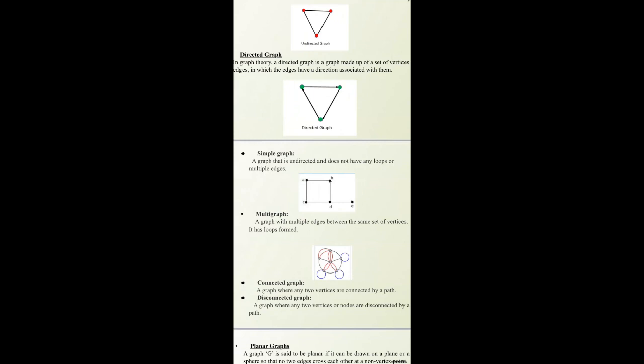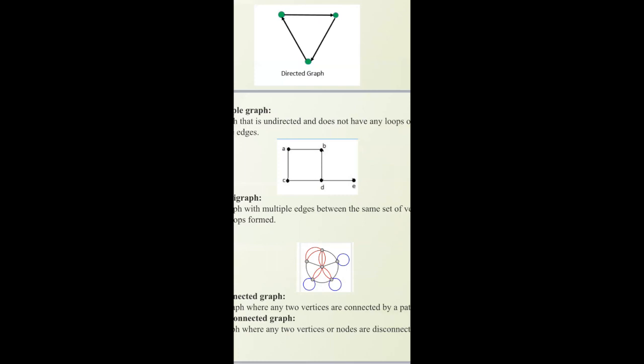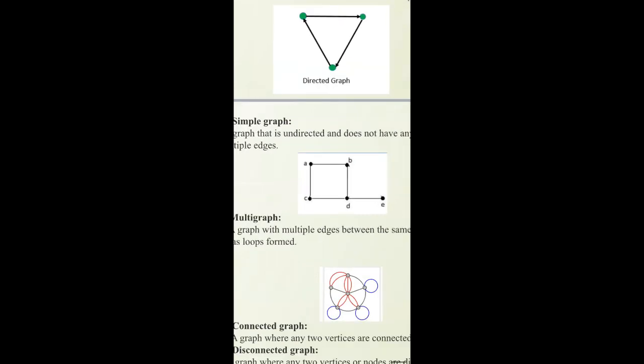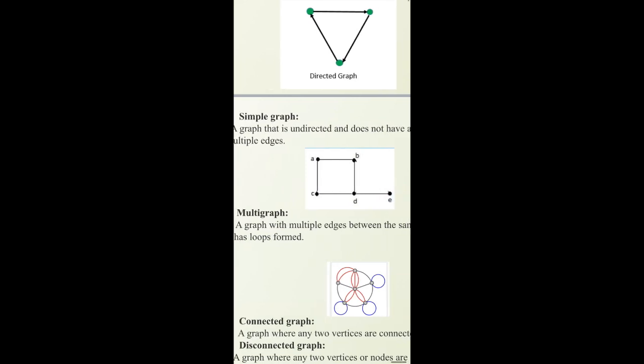Next is the simple graph, a graph that is undirected and does not have any loops or multiple edges. Multiple edges means that if there is an edge between A and C, then this edge will be unique, not two from A to C. There are no two edges between the same vertices, like A and C. There is only one edge.